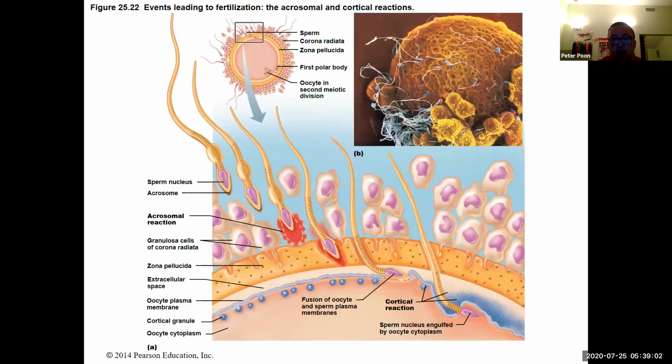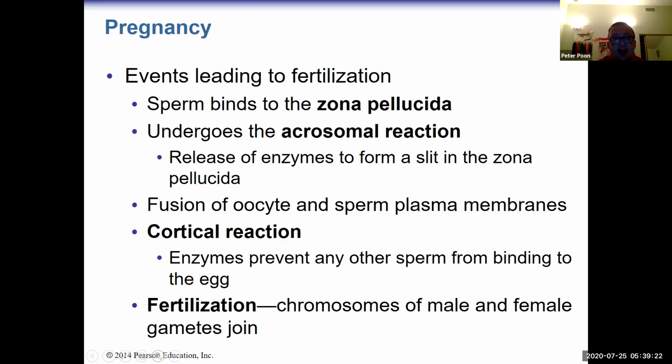One sperm enters, and it sets off these little balls all around the egg, and basically they literally swell and pop off the rest of the sperm. That is called the fast block to polyspermy.